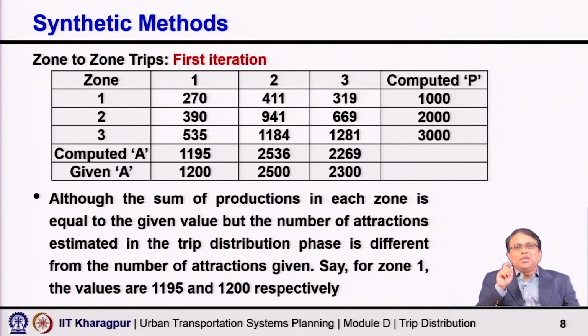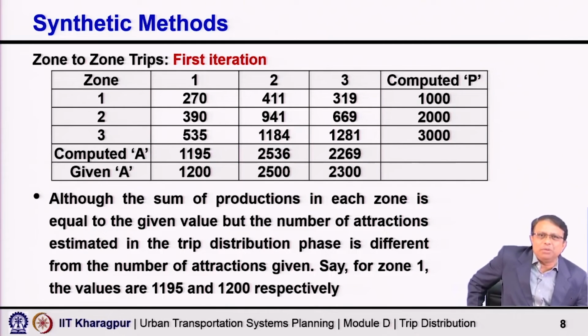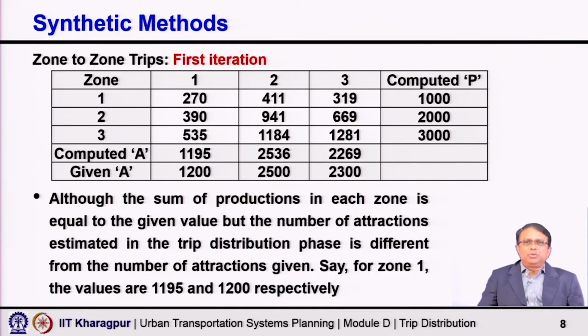Why does it match? Because you have used a production constrained gravity model. So, automatically by equation it will match. You do not have to do anything, by equation it will match. Similarly, for zone 2 also you see production has matched exactly 2000, zone 3 production exactly 3000.